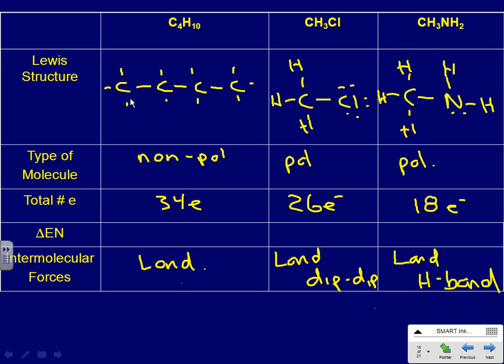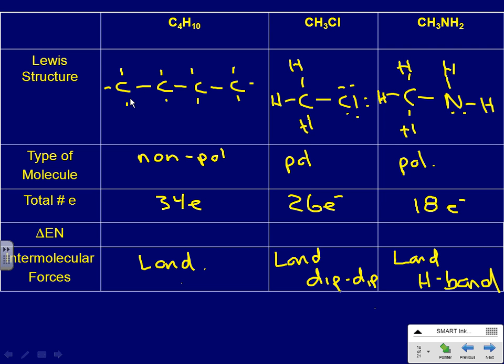If you've got hydrogens bonded to a carbon, they are little dipoles. In this case, they cancel out. In this case, they don't cancel out. In this case, they will contribute to the polarity, but we would not say that this end participates in hydrogen bonding.